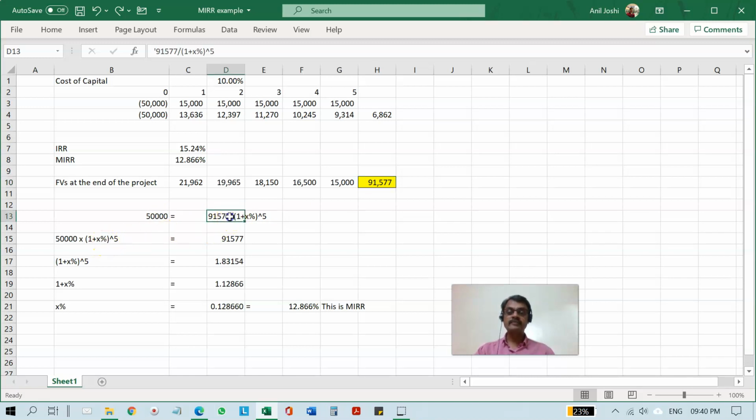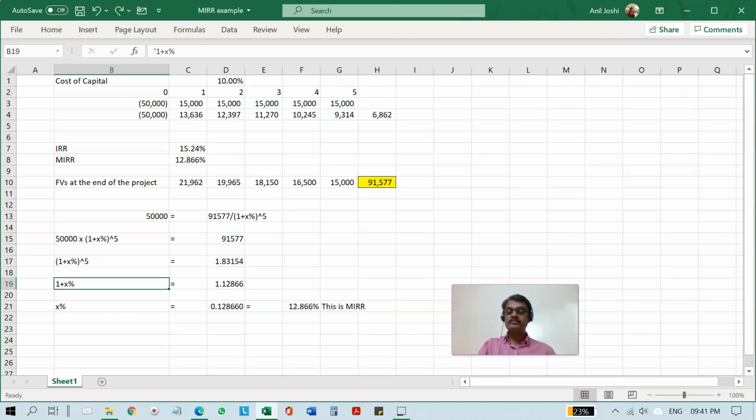So when you take it to the right hand side, you will multiply. So take this 50,000 to the right hand side. So this will be 1 plus X% raised to 5 is equal to 91,577 divided by 50,000.